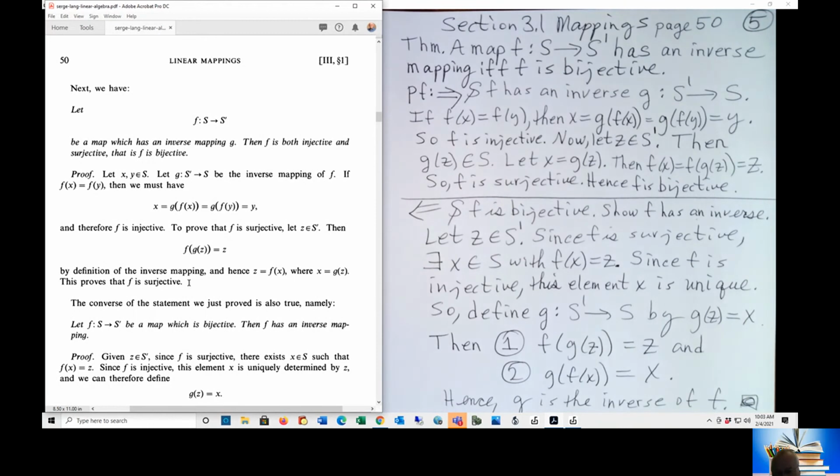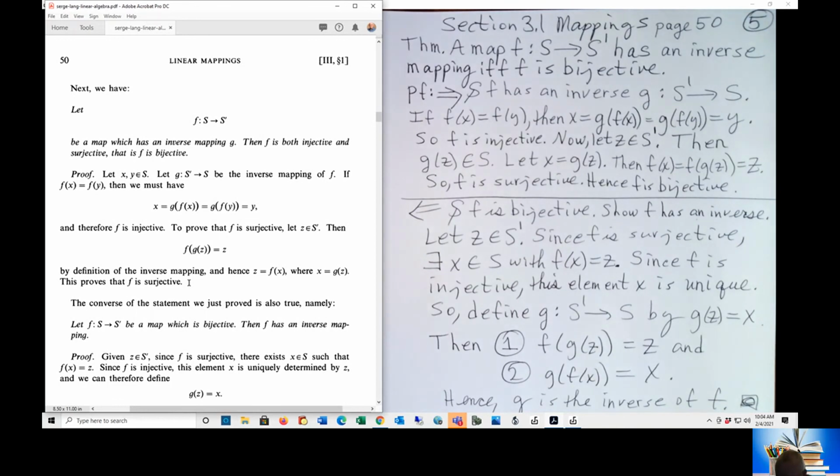Let Z be an element in S prime. Since F is surjective, there exists an element X in S with F of X equal Z. Since F is injective, this element X is unique.